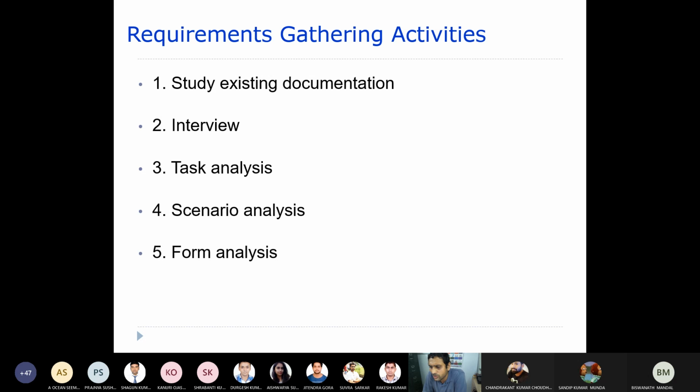Maybe he has already issued 5 books in his name, so now he cannot be allowed to issue a further book. So the other scenario here is he may not be allowed to issue a book at that point of time. Now you have several scenarios tied to a particular task. Based upon these scenarios also you can finalize and gather the requirements. And there is a form analysis, right?